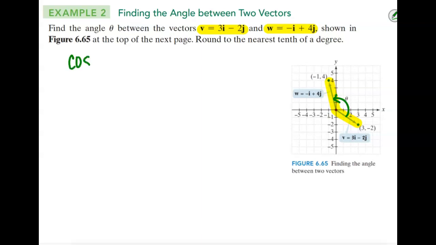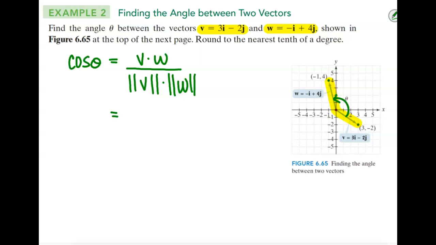The cosine of angle theta equals the dot product of the two vectors divided by the magnitude of vector v, the length of vector v, times the magnitude of vector w. So here we go.